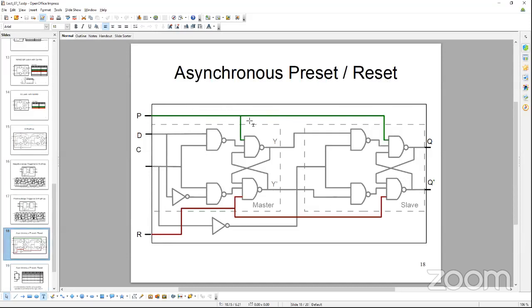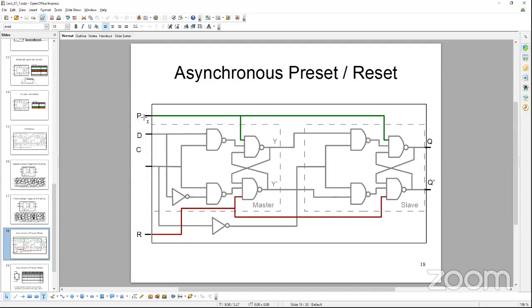So what this preset and reset do, at least in this circuit diagram, is that this logic is fed directly into the output NAND logic of each of these latches.